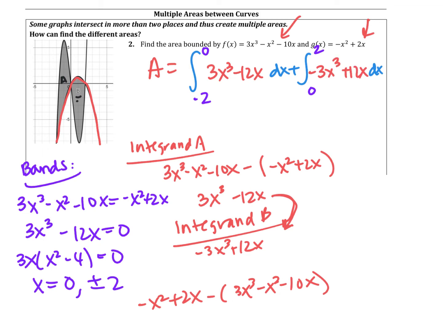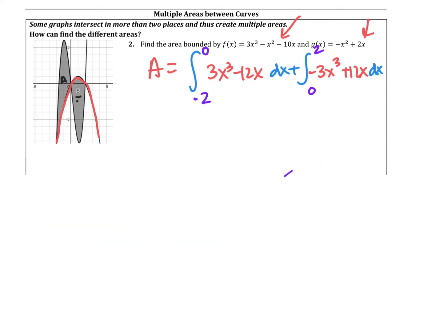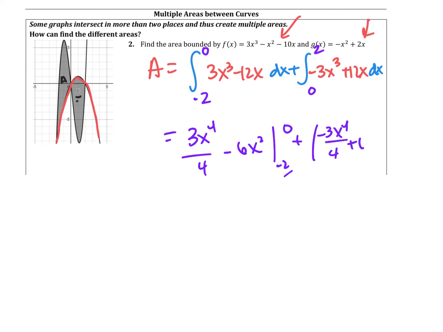Now I'm going to erase this bounds and integrand work so that there's room to evaluate this integral, but I encourage you to pause the video and work through the antiderivative steps on your own. So if I find the antiderivative here, I'm going to get 3x to the fourth over 4 minus 6x squared from negative 2 to 0 plus negative 3x to the fourth over 4 plus 6x squared from 0 to 2.